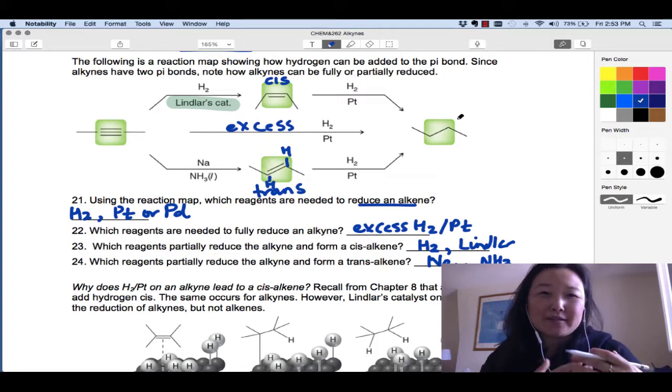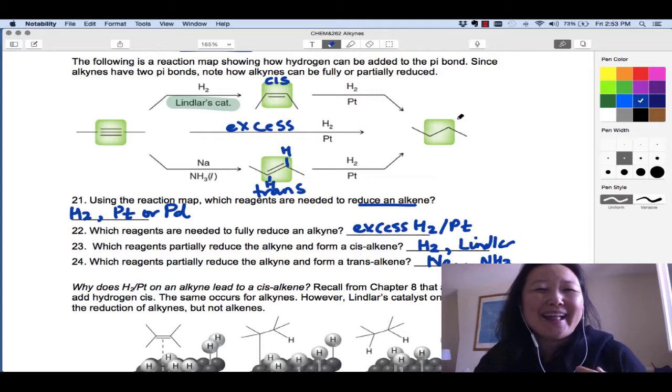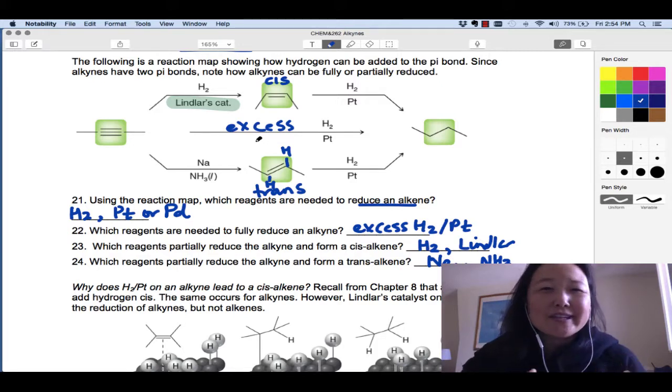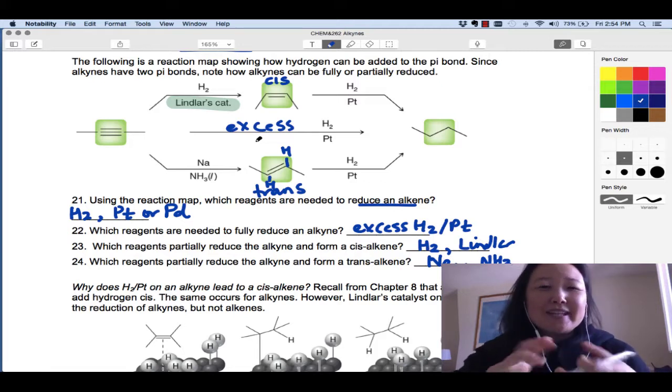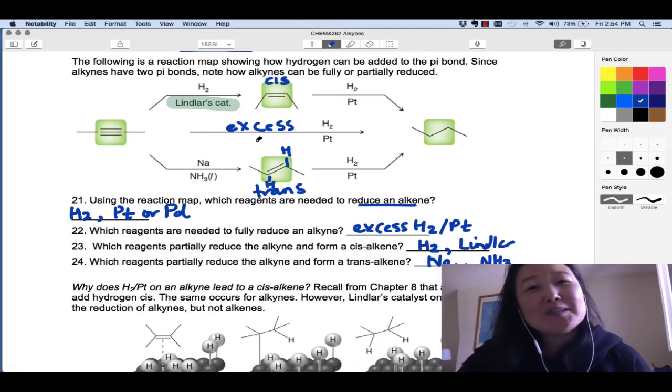Maybe you don't want to convert your oil totally to saturated, but just go halfway or so, and that enables you to gain some of the advantages of a saturated fat, which is shelf stability. To partially hydrogenate your oils and double bonds, you can use hydrogen on platinum or palladium. But in this process, sometimes you have isomerization as well. Not only are some of your cis double bonds turning into alkane, but some of your cis double bonds, especially at high temperature, can turn into trans double bonds. And that's when you get trans fats.